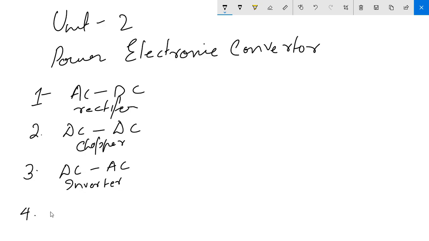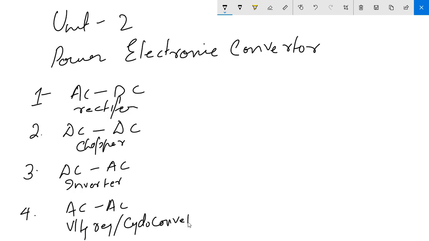Fourth is AC to AC, and that is your cyclo converter or voltage regulator.